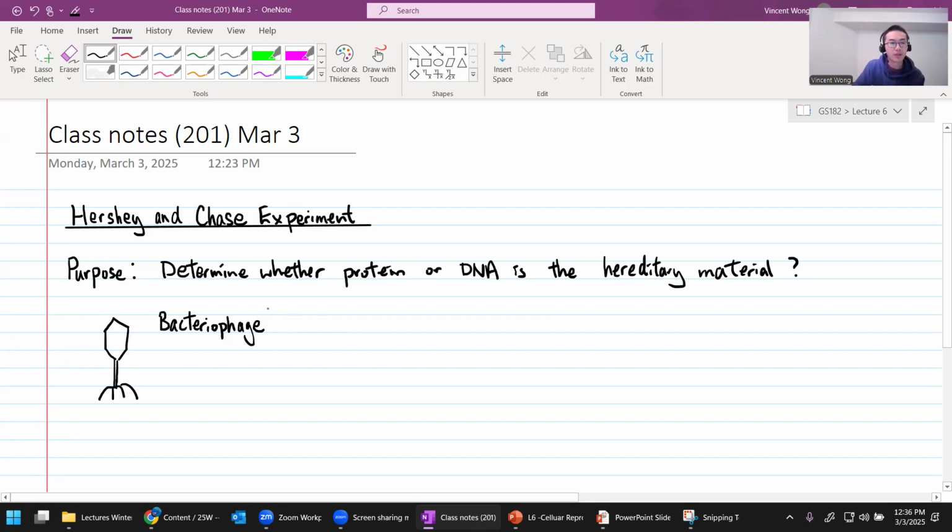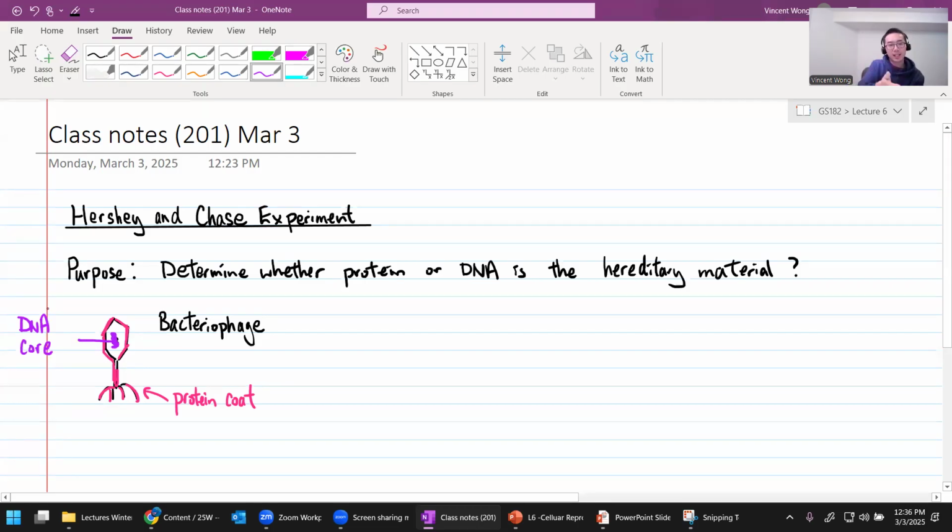The bacteriophage comes in two parts, if you would. It has a shell. I guess I'll label the shell red. It has a shell that's made up of protein coat. And then on the inside, they have genetic material, DNA core.